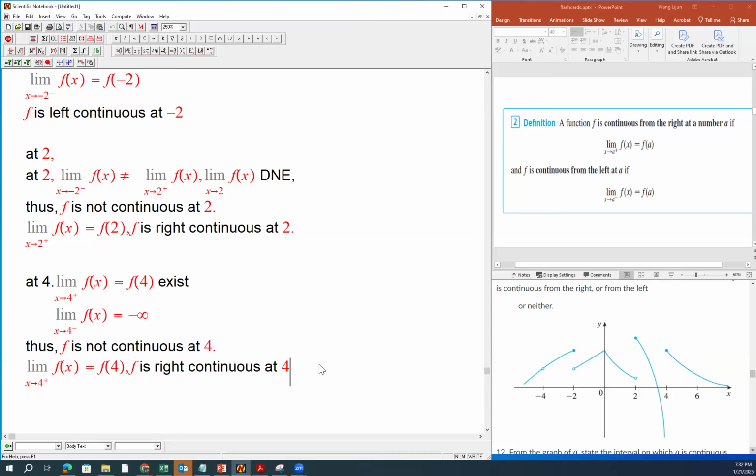Okay, so now I'm going to extend this question to talk about the intervals of continuity. It looks like on this function, the function is continuous on intervals.